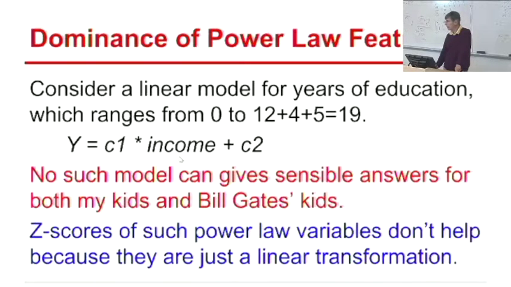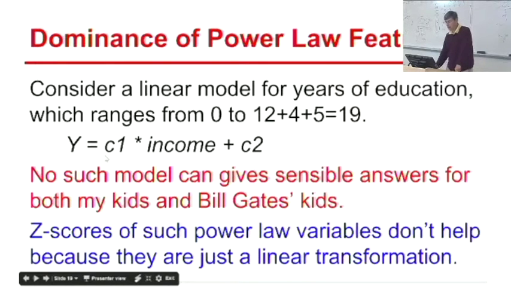If we leave income and multiply it by a constant, there is no way you can have a sensible value for years of education where income is a variable, no matter what that constant C is. You can't have more than 19 years or 100 years of education. If you would stay in grad school, you're literally your entire life, and you eat healthy.